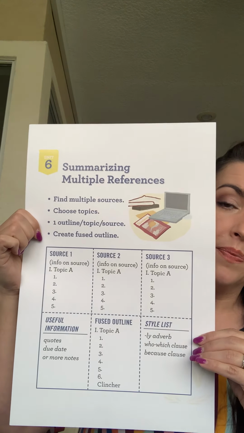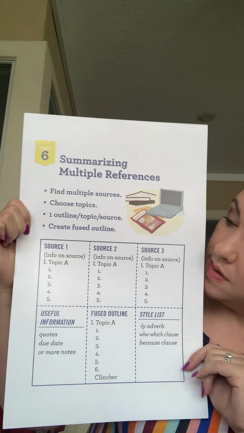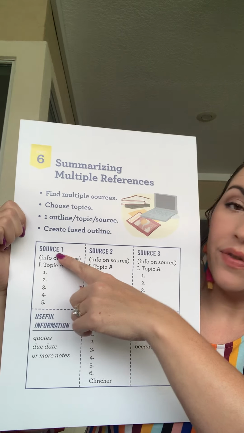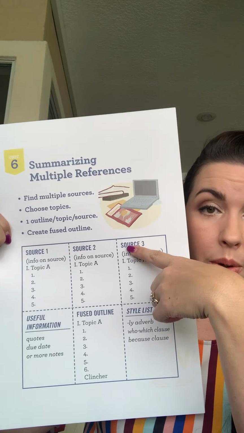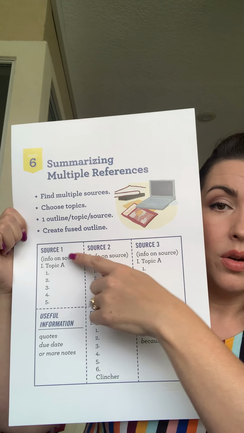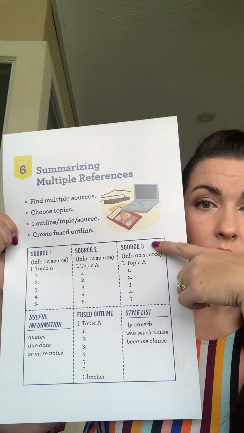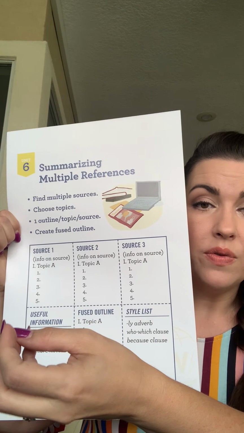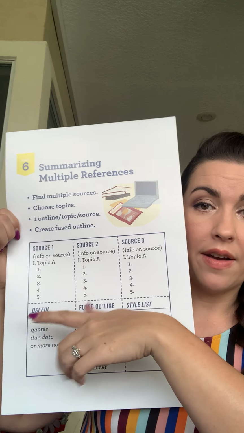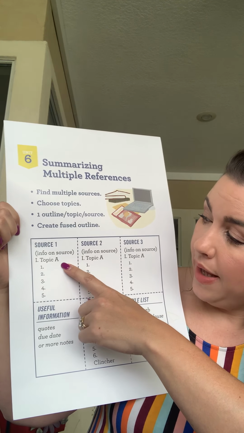All right. Now, if you remember back to when we were summarizing multiple references, you're going to have different sources. So if you have chosen 3 different books from the library, one book is going to be source 1, your second book will be source 2, your third book will be source 3. Whatever topic you've chosen for your first paragraph, they're calling it topic A here. Okay.